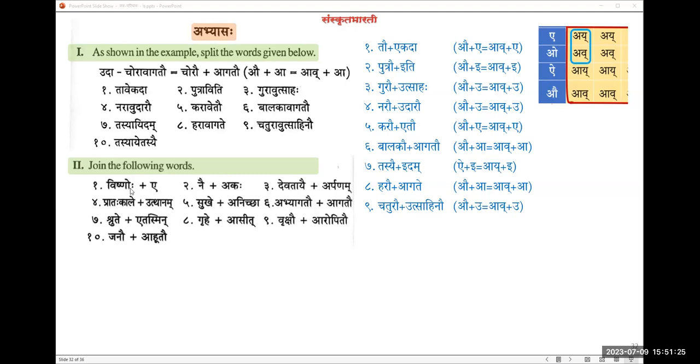There is a word Vishnoho, but this is not belonging to the Yantavanta category anyway. We have to see whether Visarga Lopa etc. happens, so let's not worry about that. Forget the Visarga. Vishnu plus A. O plus A.